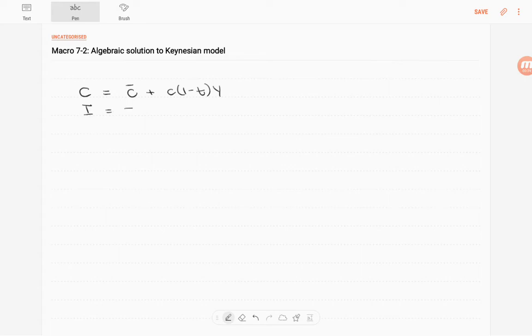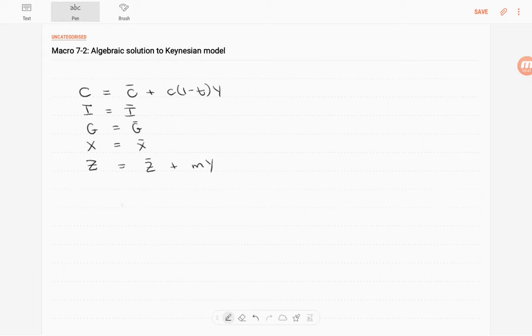Investment spending, as we know, is autonomous. Government spending is autonomous. Exports are autonomous, and imports have both an autonomous part and a dependent part.